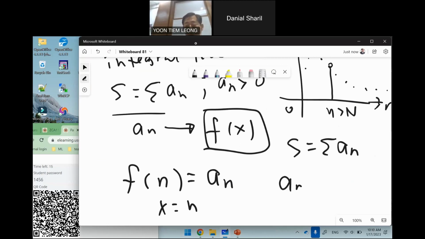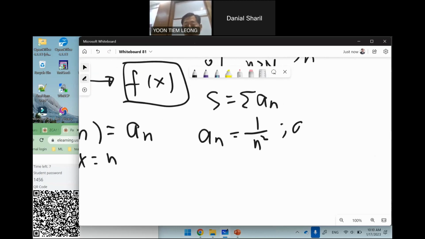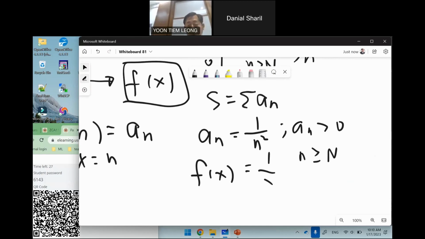Given any a_n expression, you can always find f(x). For example, if the term in the series is 1 over n squared, it is quite sure that all terms are positive. Then you can form a function f(x) equal to 1 over x squared.